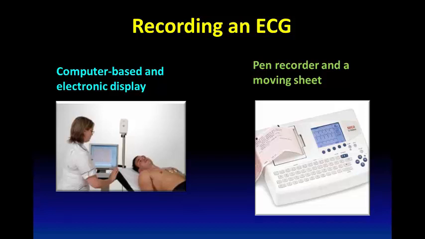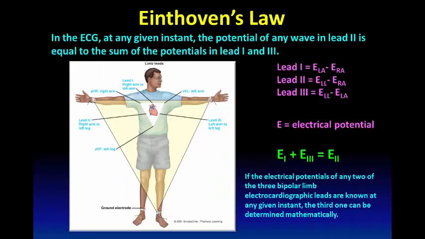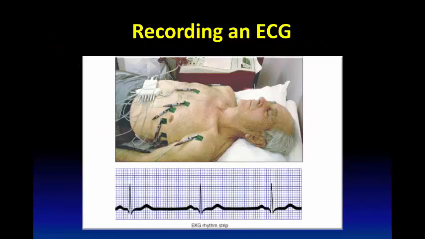And let's record the AVL. And when we record the augmented VL, remember AVL is a unipolar limb lead. So the active electrode is placed at VL and the reference electrode is kept at 0.